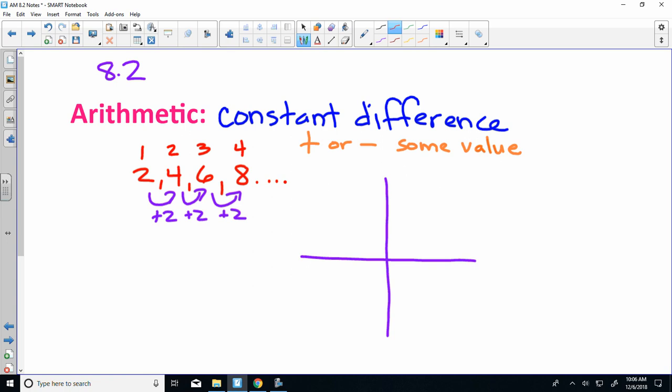So you would have the coordinates 1, 2, 2, 4, 3, 6, 4, 8.